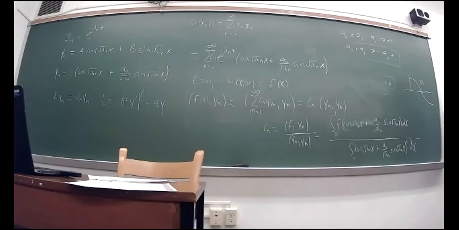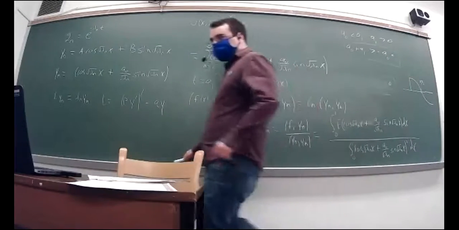That's your formula for c sub n. As soon as you pick A naught, and as soon as you find a value for root lambda n, then you can plug them in, and I would not try to work out this quotient symbolically. I would just use a numerical solver.